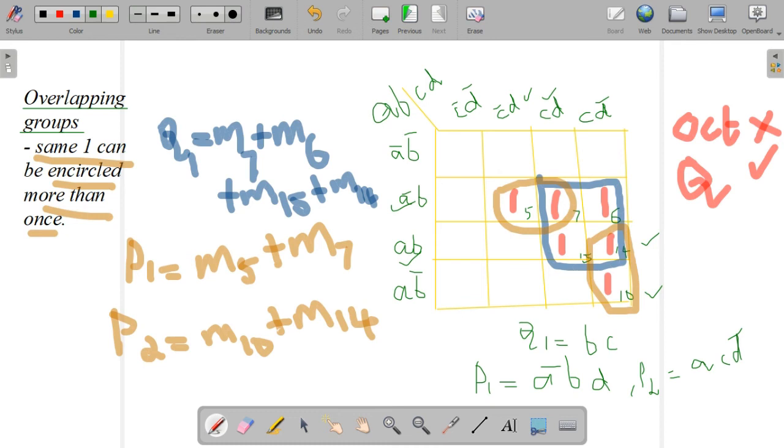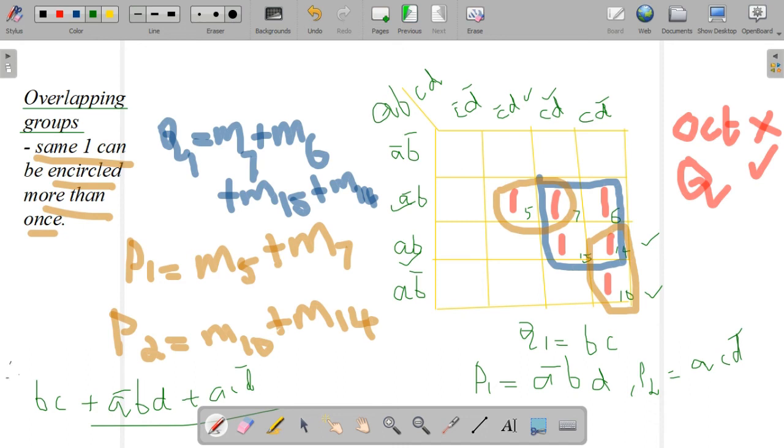So finally we can write the reduced expression. What is the reduced expression? Final expression means sum of these reduced expressions, which are the quad, BC, plus A dash BD, plus AC D dash.